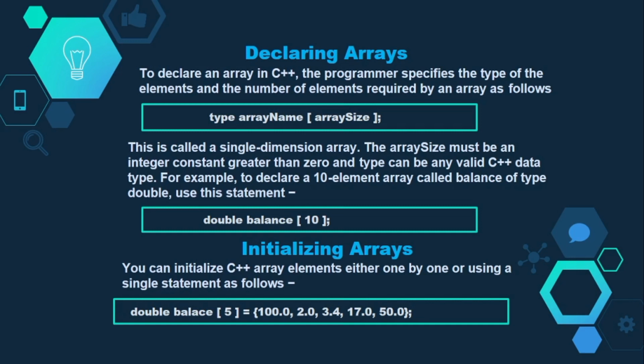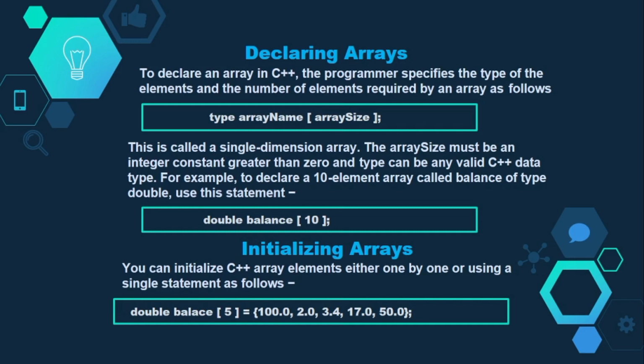This is called a single-dimension array. The array size must be an integer constant greater than 0 and type can be any valid C++ data type. For example, to declare a 10-element array called balance of type double, use this statement. So here, the example, double balance, and inside of the brackets has 10 elements.